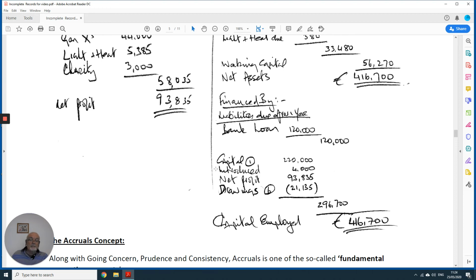Remembering that the €4,000 worth of dividends was earned by the owner and invested in her business, so that's capital introduced. The net profit was in the profit and loss account, and our drawings was the sum of the individual drawings that we did in adjustment number or note number 6. So there's our balance sheet, and we've successfully completed our incomplete records.